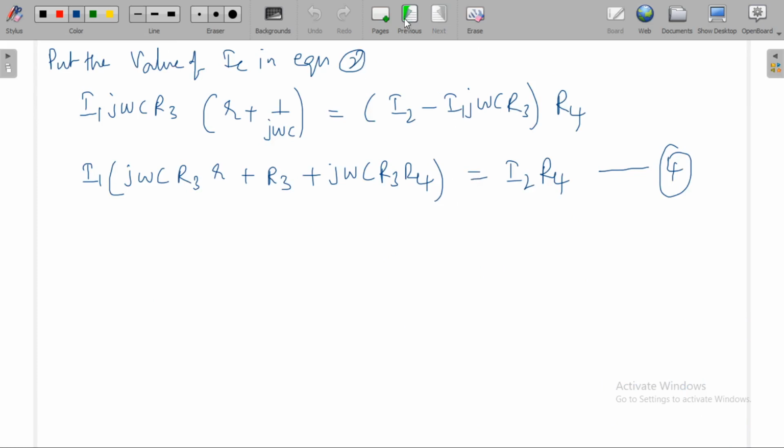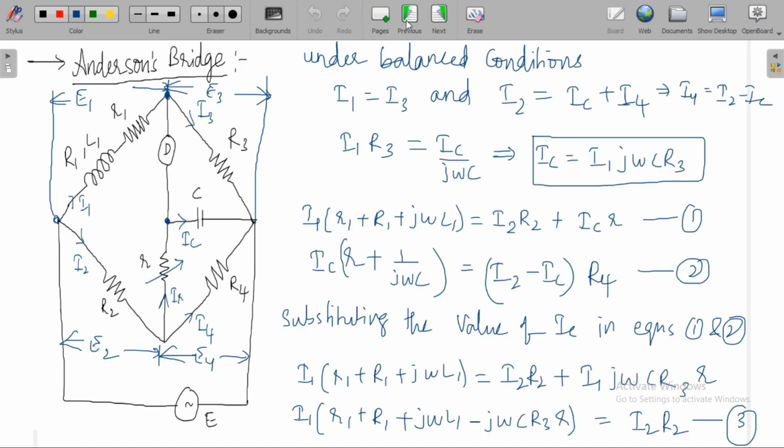Now solving equations 3 and 4, after solving equations 3 and 4, you put this equation in equation 3.